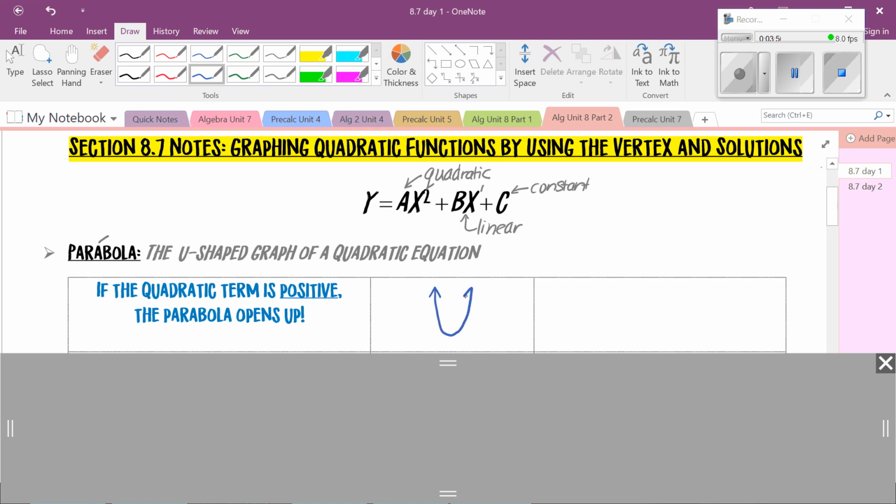So it's going to look like this. It's a U shape. It is symmetrical, meaning if you cut it down the middle, both sides, left side and right side, are completely symmetrical, completely the same, just reflected. That dotted line is called the axis of symmetry.